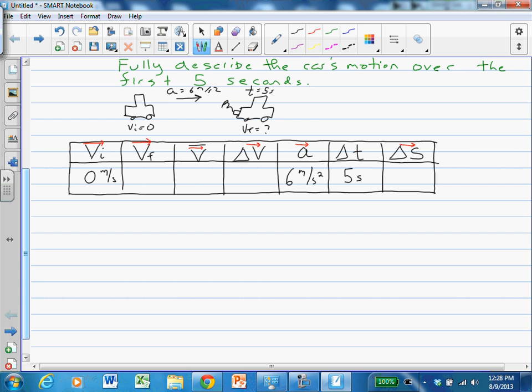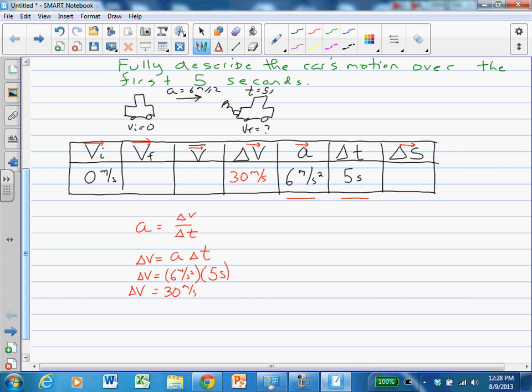Well, I know by looking at A and T and the formula for A, which is delta V over delta T, that I could rearrange that for delta V and solve for that. So plugging in 6 meters per second squared times 5 seconds, I get 30. One of the seconds on the bottom cancels, giving meters per second, and that makes sense for a change in speed here.